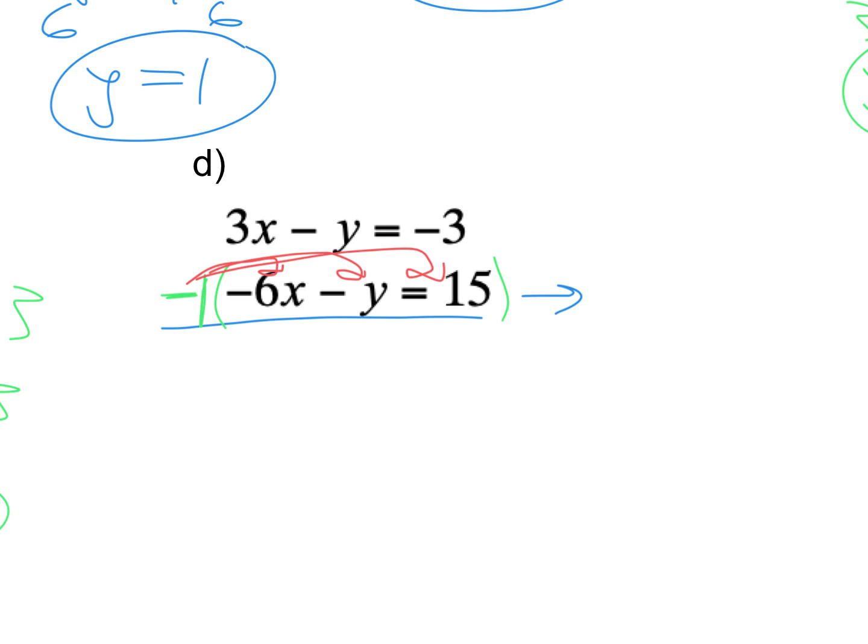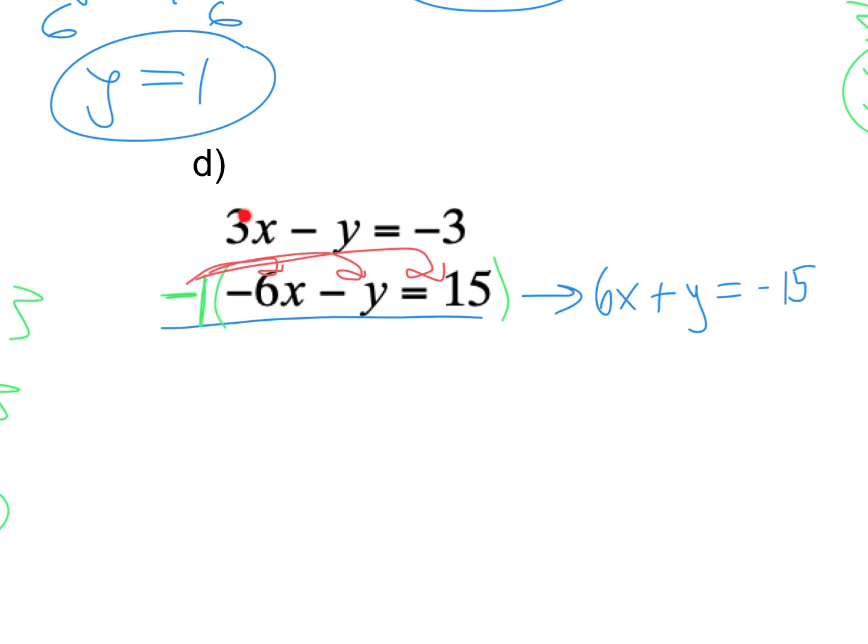I would have positive 6x plus y equals -15. Okay, so do you see I just distributed -1, so this became positive 6x, this became plus y, and this became -15.